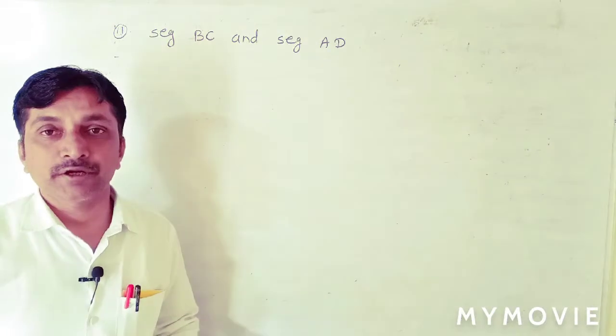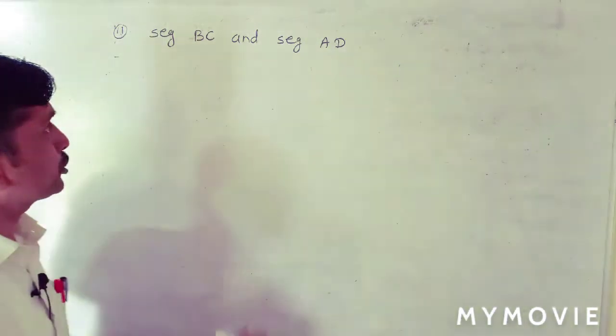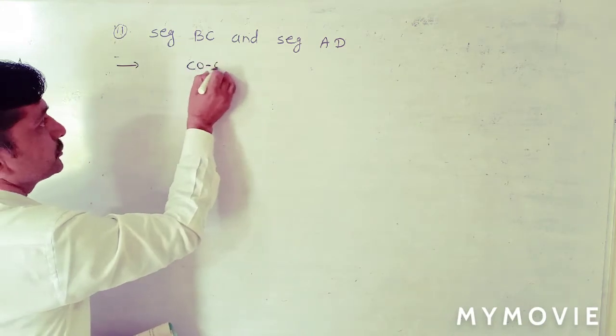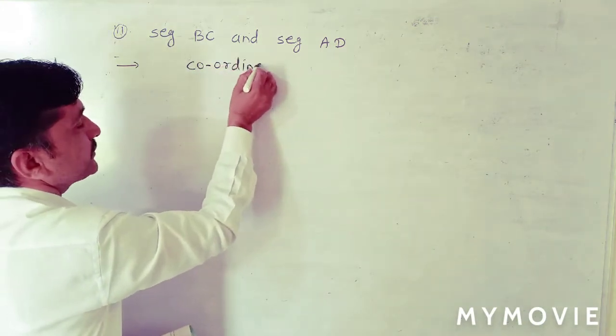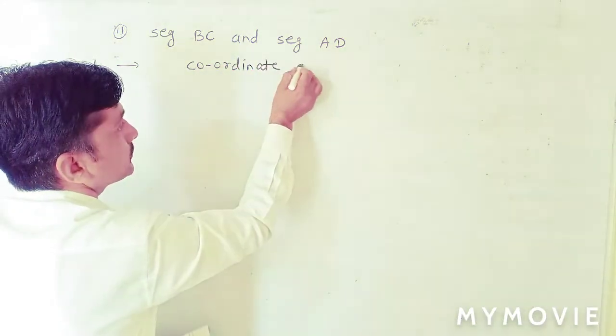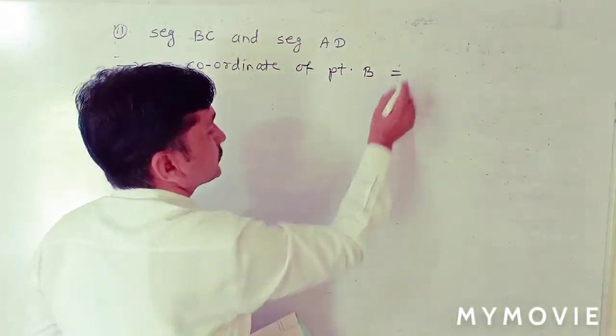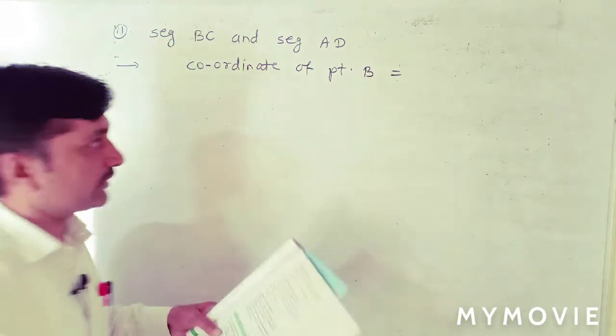We have to decide whether the second pair is congruent or not. Pair is BC and AD. For that find their distances. Coordinate of point B is given, 5.